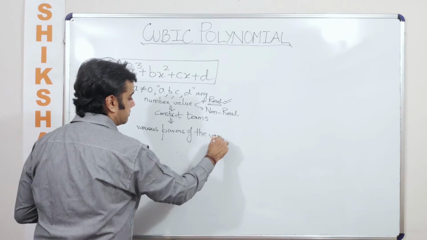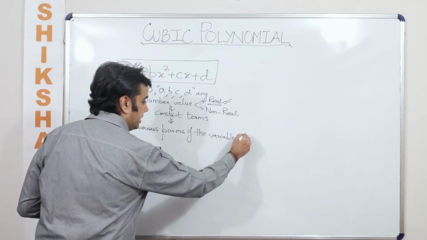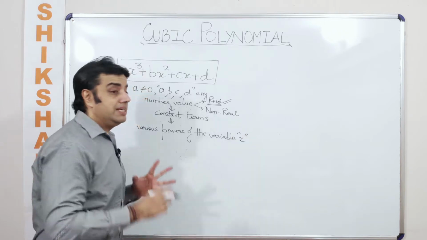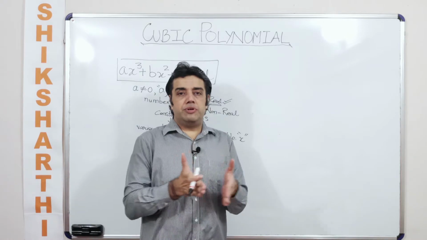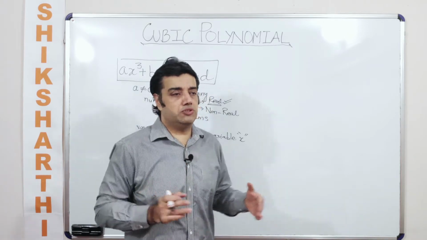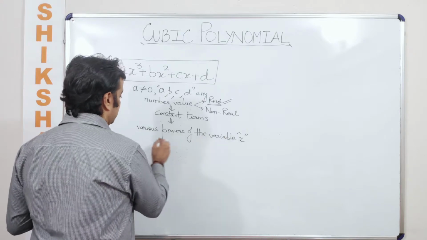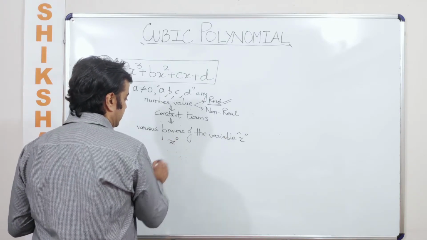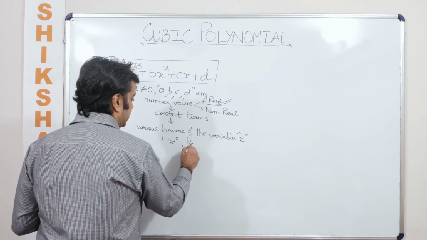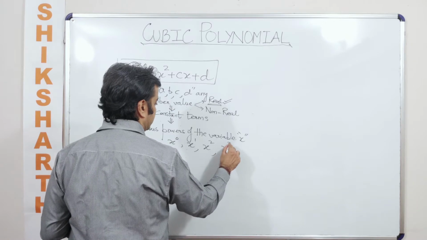Now the various powers of the variable x that we are using will decide the total number of terms that I get in this expansion. So what are the powers of the variable that we are using here? We are using x to the power 0, right? And then x to the power 1, then x to the power 2, and x to the power 3.